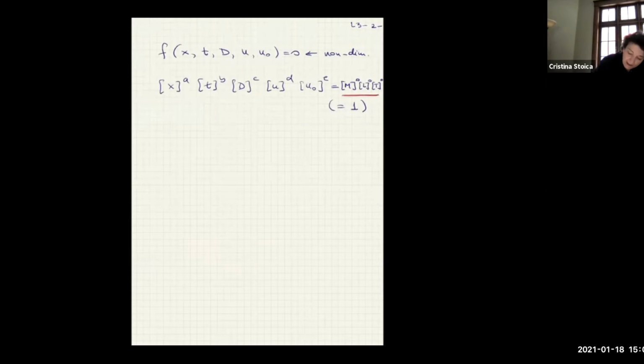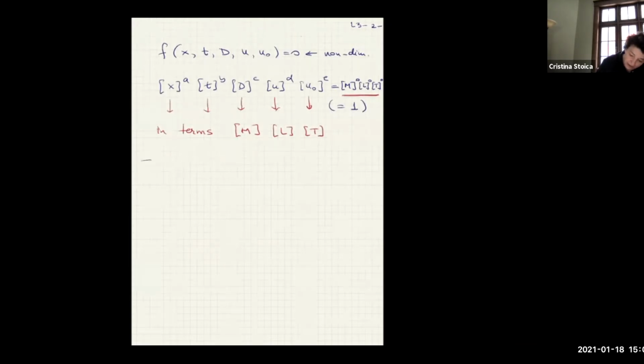So now when I'm expressing all of these in terms of the fundamental dimensions, which are mass, length, and time, right, I end up with a linear system. Okay, I should change the color. No point in keeping it in red.